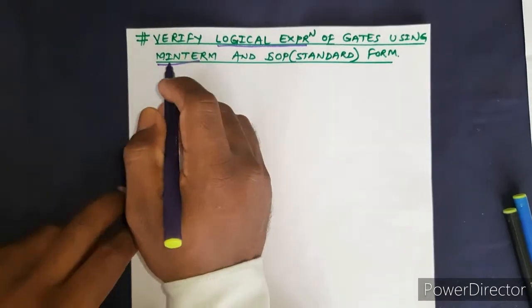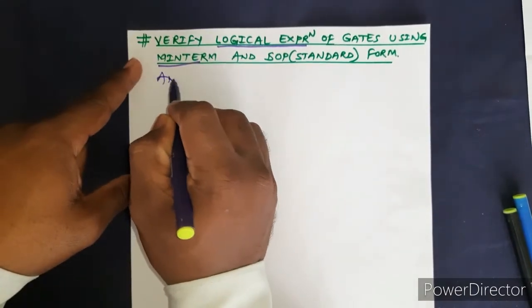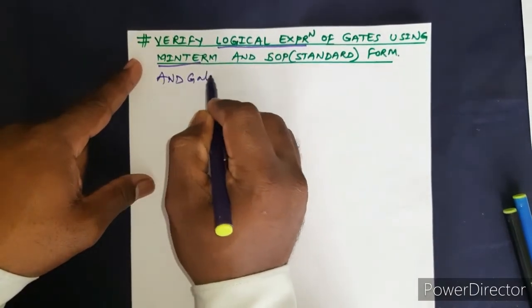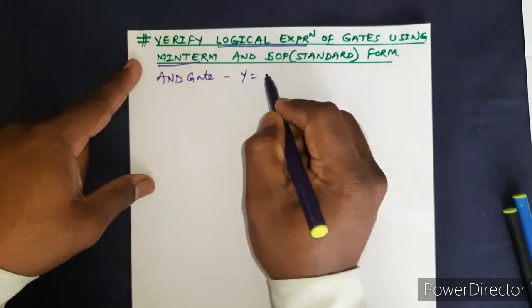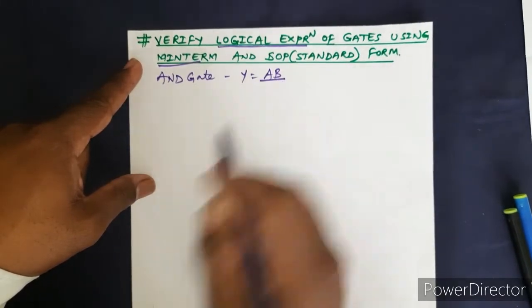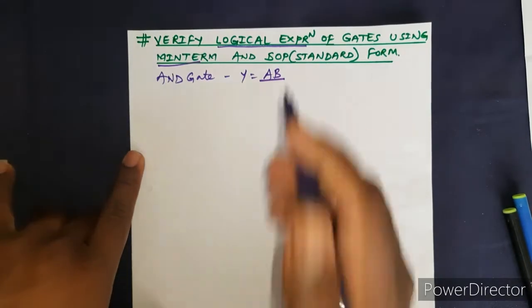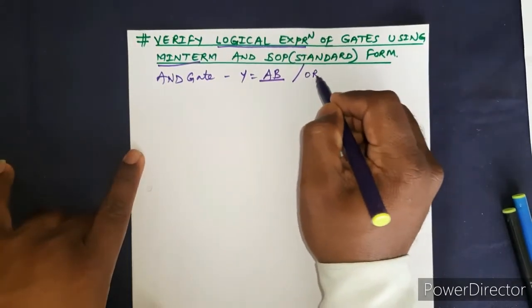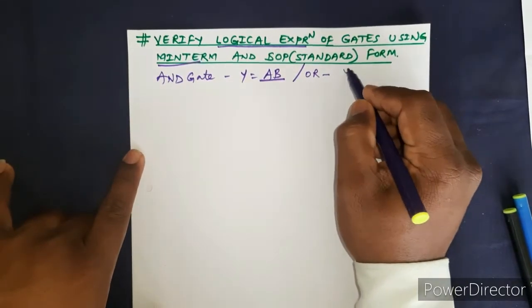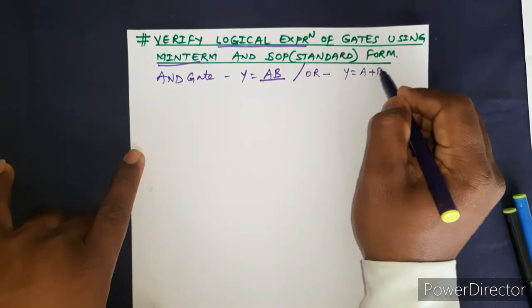Just to recall, we had seen the AND gate, and the expression for the AND gate is AB. Then we have seen the OR gate. The expression for the OR gate is y equal to a plus b.